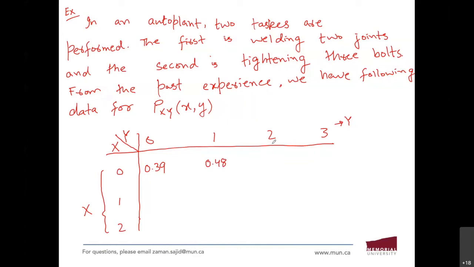Similarly, if y is equal to 2 and x is equal to 0, the probability value is 0.02. If y is 3 and x is 0, the probability value is 0.01. Now come here, if y is equal to 0 and x is equal to 1, this probability value is 0.06.